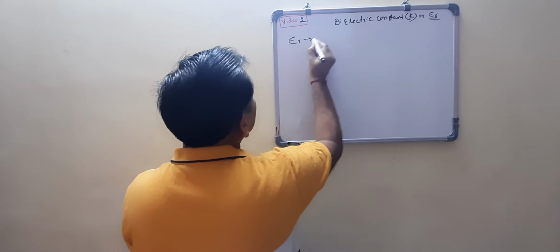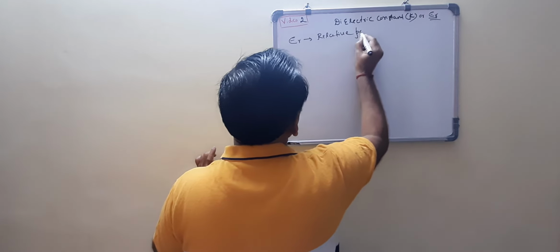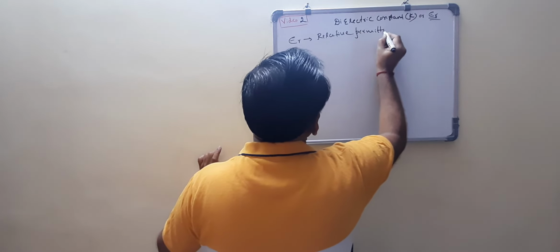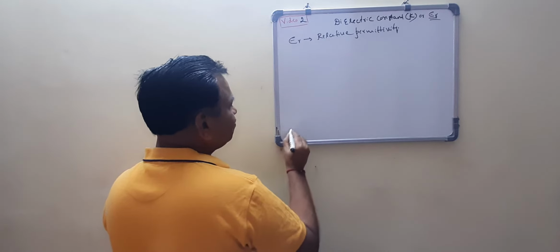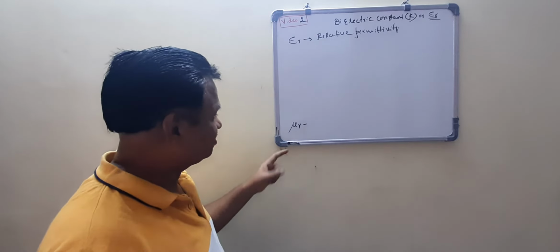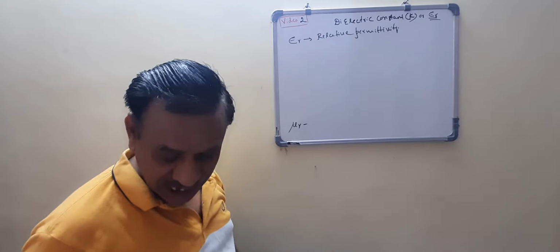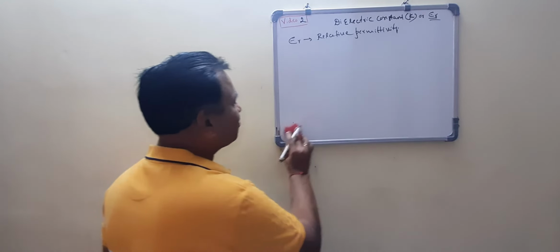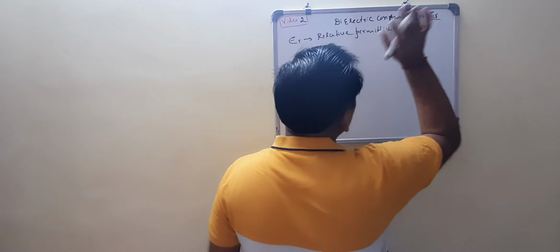Epsilon r is nothing but relative permittivity. In magnetism, we write mu r, it is permeability, but here in electrostatics, it is permittivity. Both are same. Epsilon r or K, both are same.